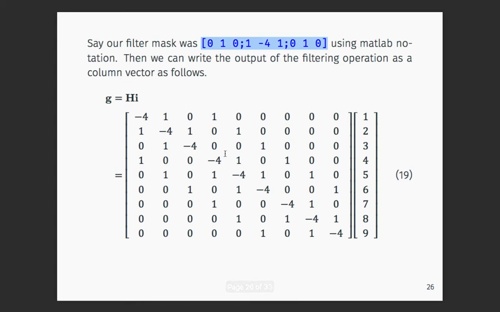So that particular system could be written in this way. Once again, my picture is of size 3x3. I only have 9 pixels, and all the values of these pixels are expressed in that column vector here on the right. And what you have here is this convolution operation being applied.